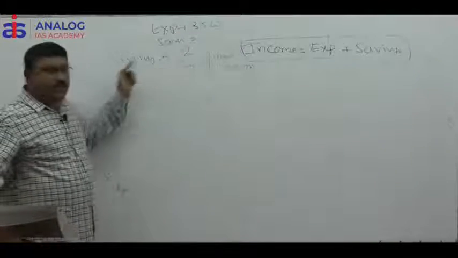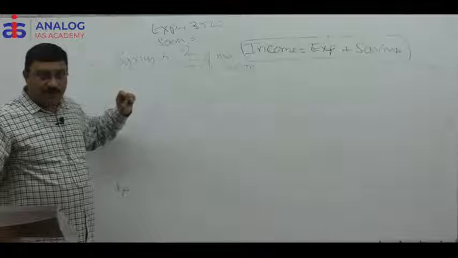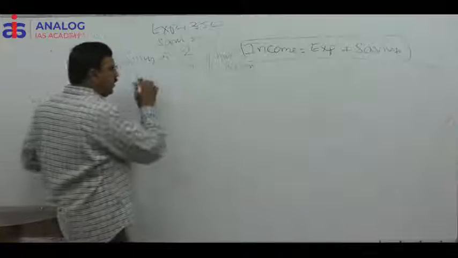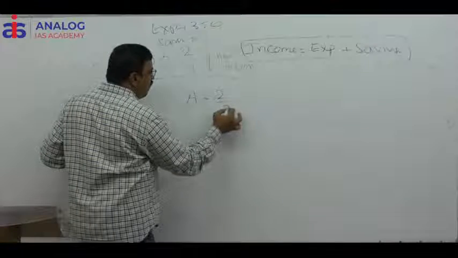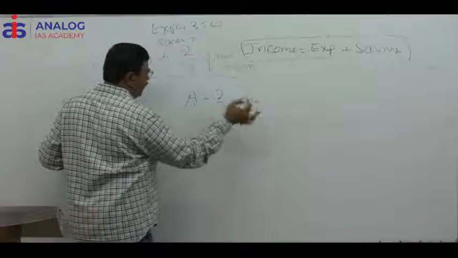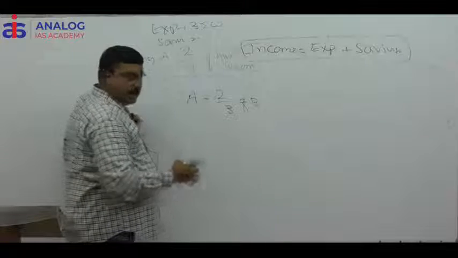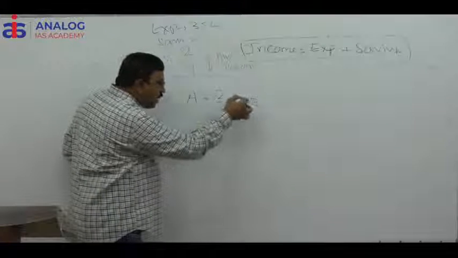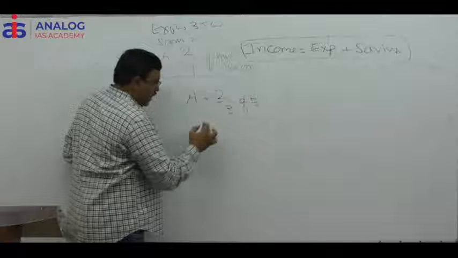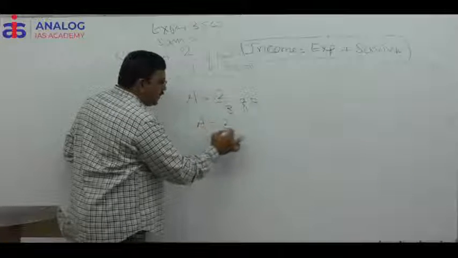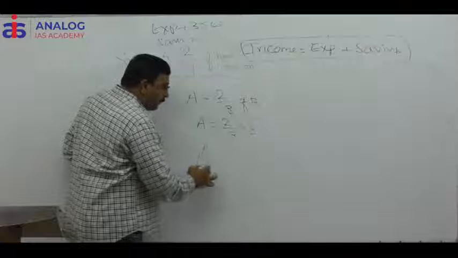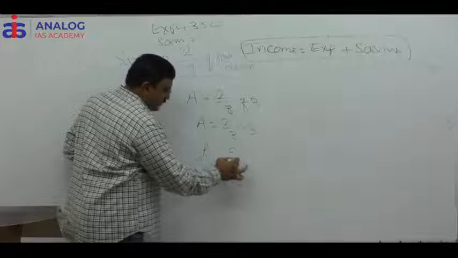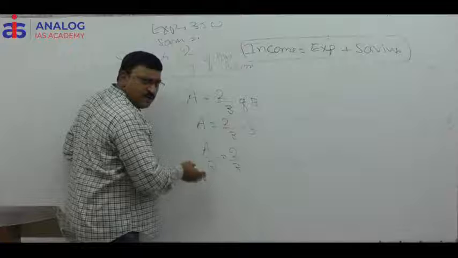of his income, savings is 2 by 7th. Right? Before this one, A is 2/3 of B. Means what? A is 2 by 3 of B means, of means into. A is equal to 2 by 3 into B. So what about A by B? A by B is 2 by 3. What is the ratio? 2:3.